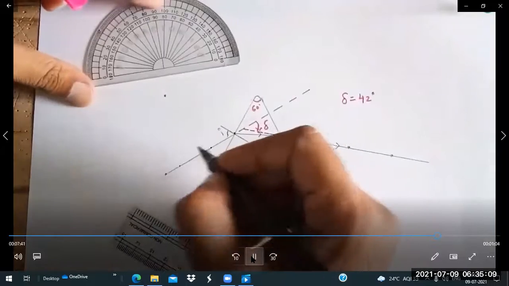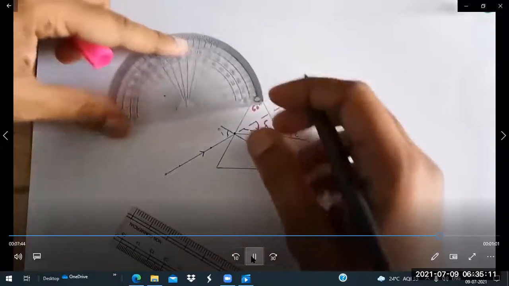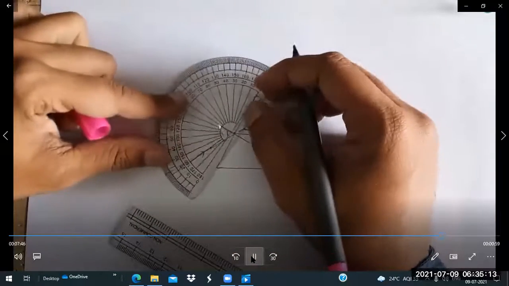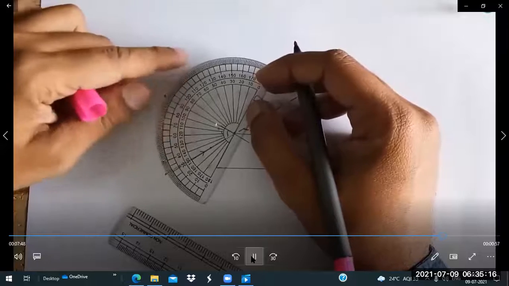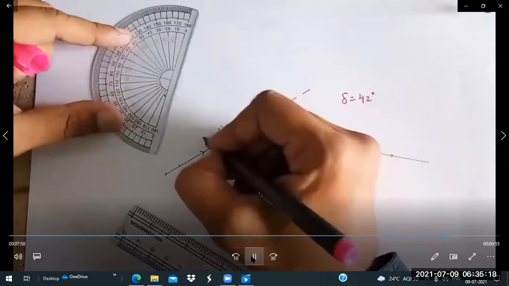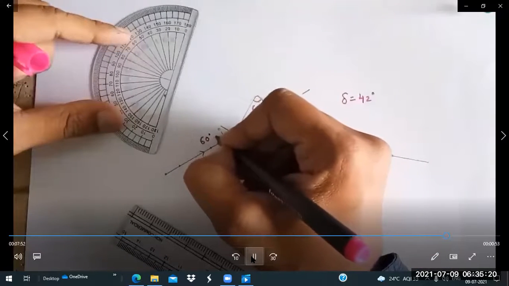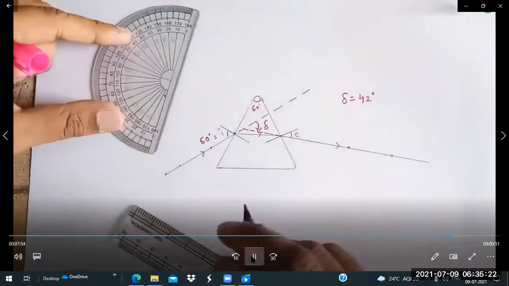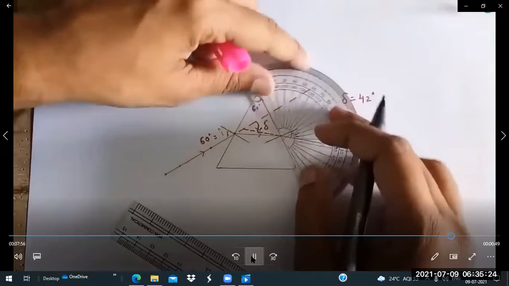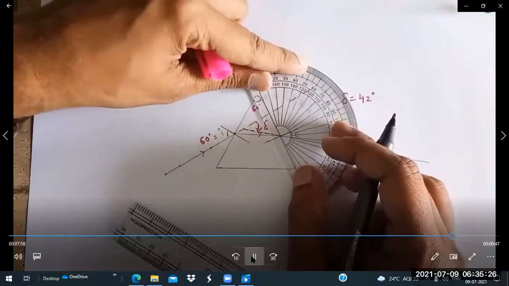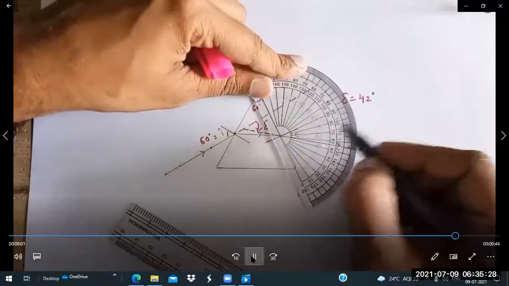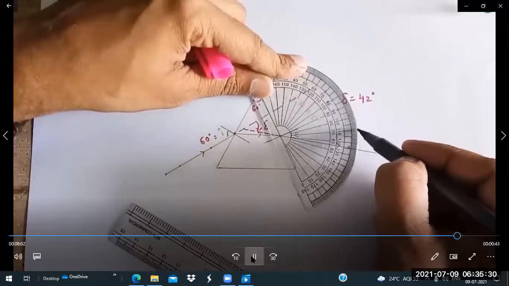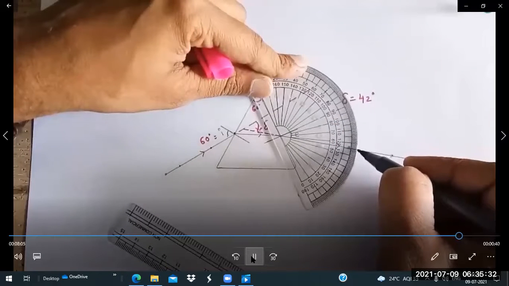And I kept the angle of incidence as 60 degrees. If you just want to measure the angle of incidence, I had kept it 60 degrees. So when I kept this angle 60 degrees, I got this angle of deviation. Let me measure the angle of emergence as well. The angle of emergence with respect to the normal: 10 degrees, 20, 30, 40.